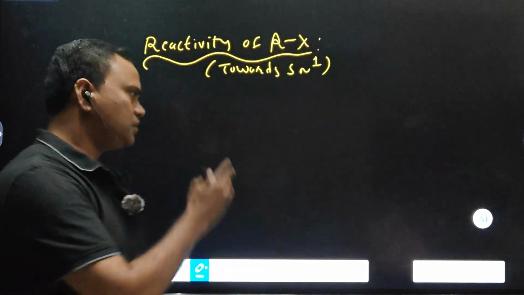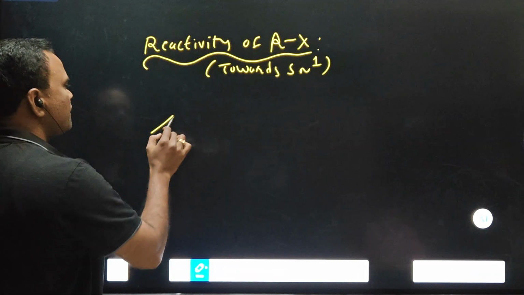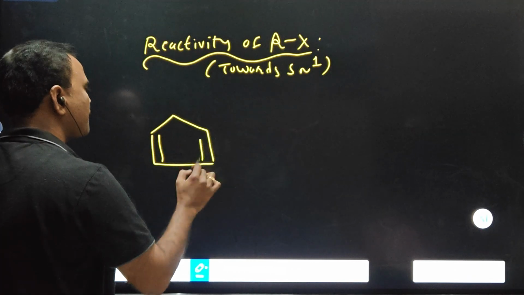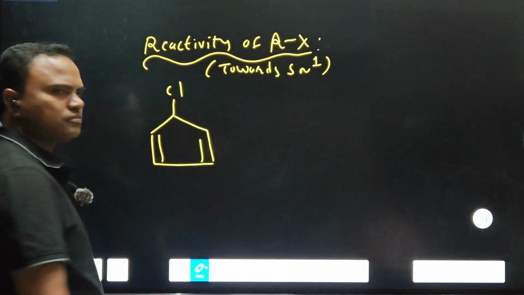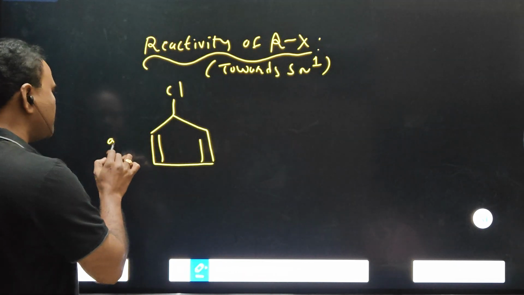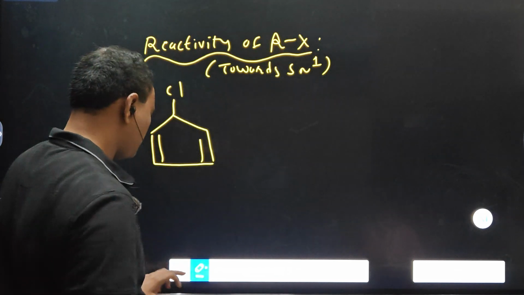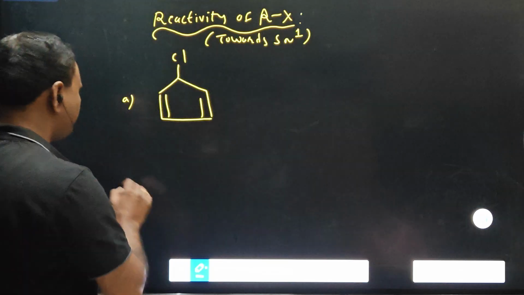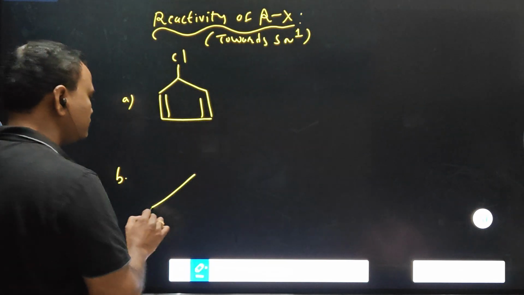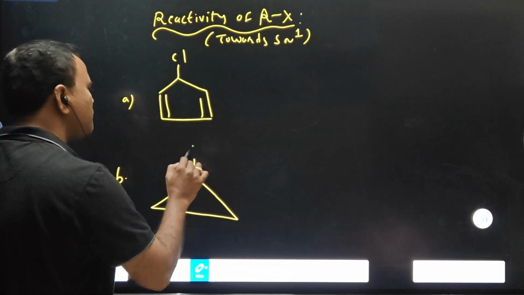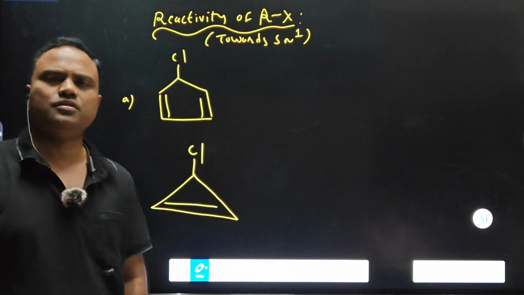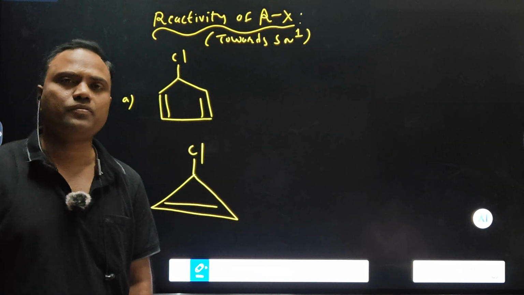Another concept is, look at this question only. Which of the following readily participates in SN1? Same concept only, but the type of question is different.